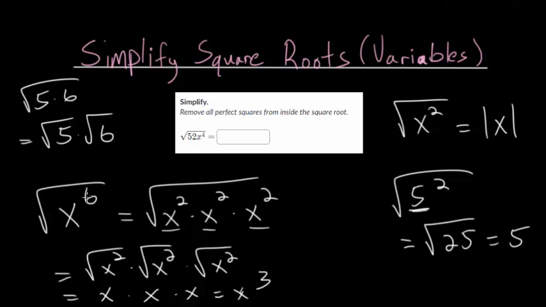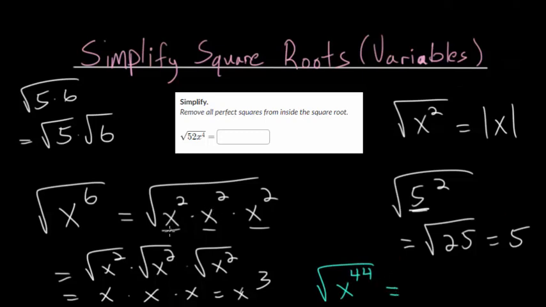And if your exponent is an even number, then essentially when you go through this process, it's just going to get cut in half when it comes to the outside. Now, if it's an odd number, you're not going to be able to pull everything out, and you're going to be left with one of the x's on the inside. But as an example, just so you can see the method, let's say you have the square root of x to the 44th.